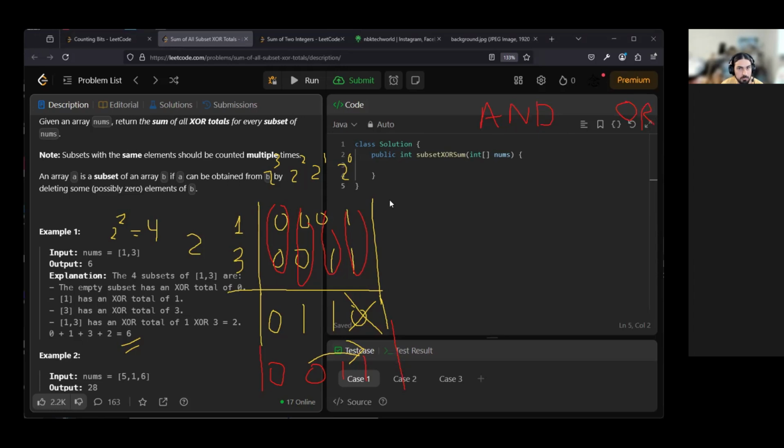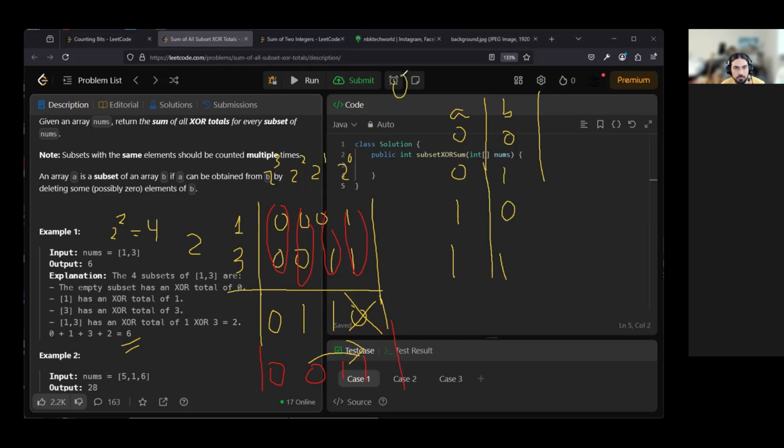If you know the truth table for OR, let me write it down if you're not familiar with logic. The truth table: what's the operation A or B? If you have A or B, bits. It could be 0, 0, 0, 1, 1, 0, or 1, 1.